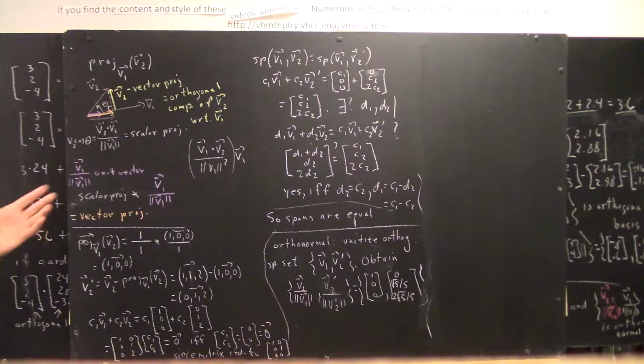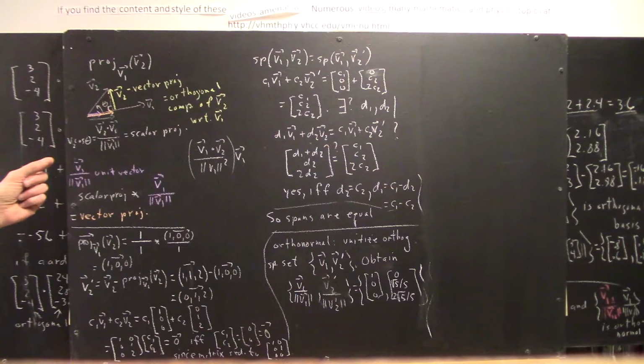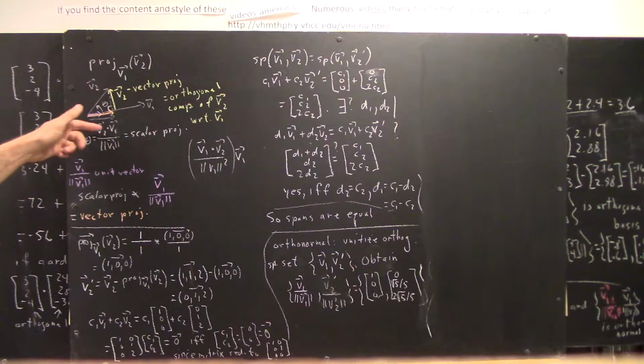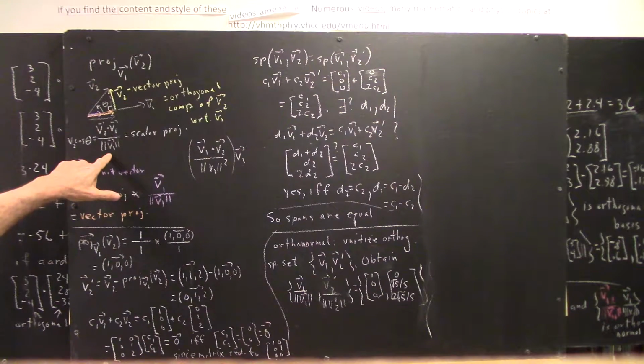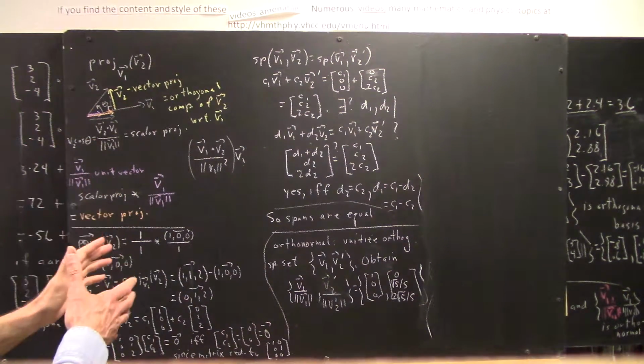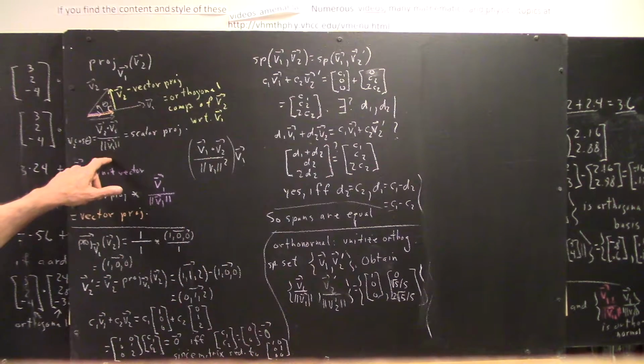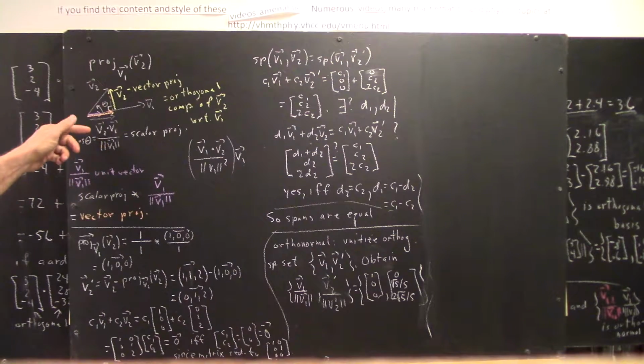And I'm assuming that right angle trigonometry is pretty much second nature to all of us. It's V2 cosine theta, which is V2 dot V1 over the magnitude of V1 because V2 dot V1 is magnitude of V2 times magnitude of V1 times cosine theta. If you divide out the magnitude of V1, you end up with magnitude of V2 times cosine theta.